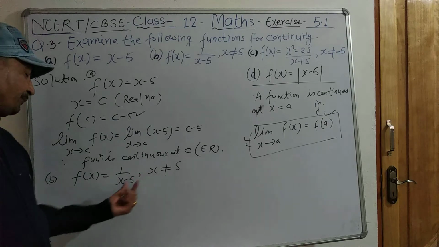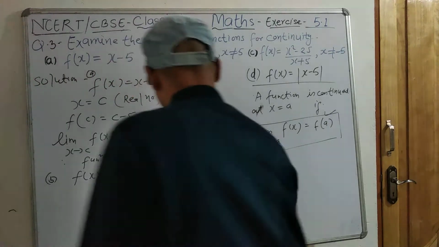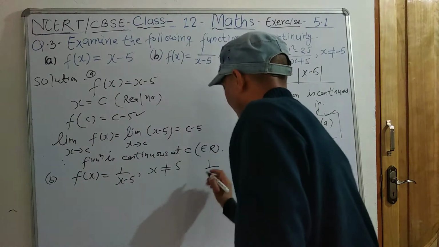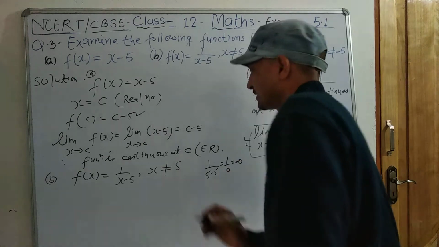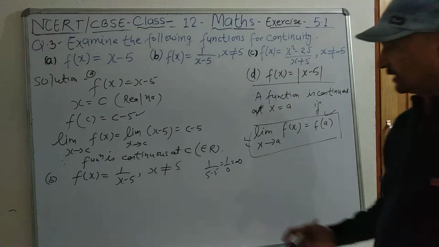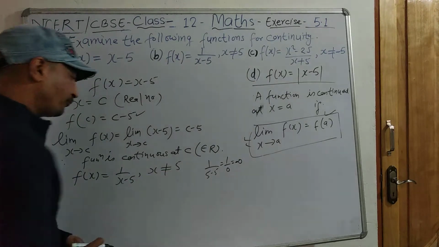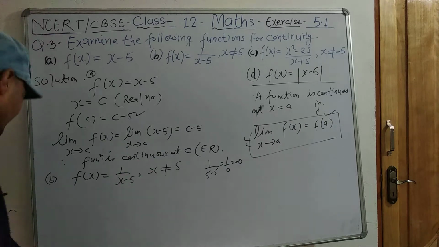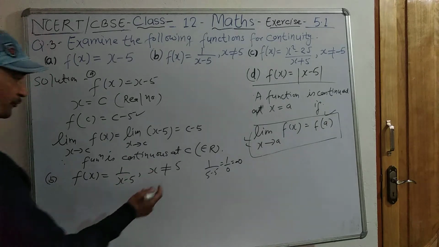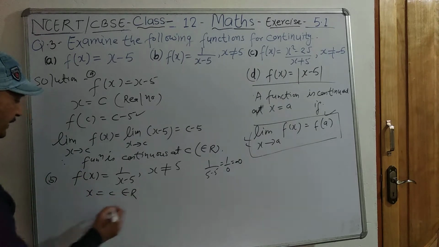Because if we put x is equal to 5, then 5 minus 5 becomes 0, that means it is not defined. The function doesn't exist there. So it is a restriction given here: x is not equal to 5, because at the point x is equal to 5 this function is not continuous. So we cannot take this. So x is equal to c belongs to the real numbers.